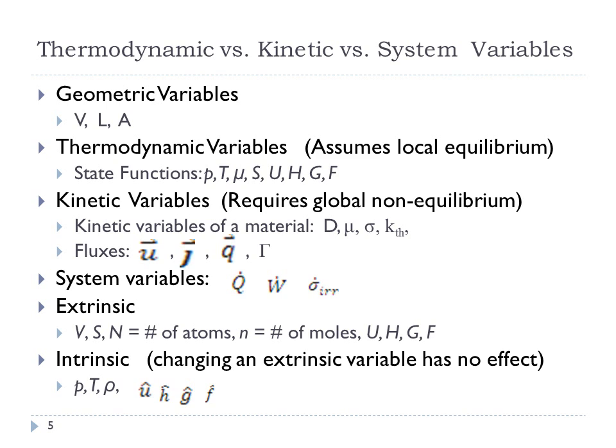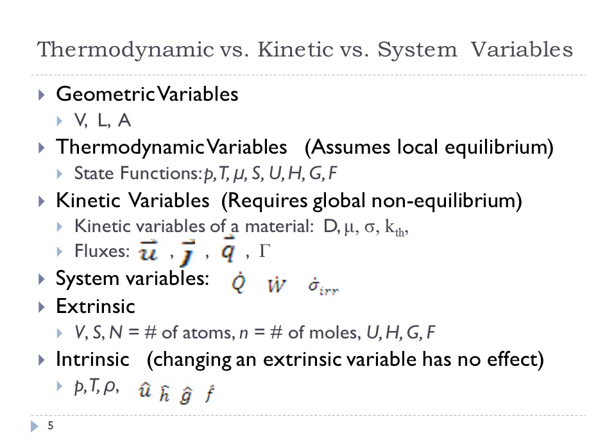These are properties of a material that tell you how much flux you get for a certain amount of driving force. Right? So the fluxes are things like velocity, current density, the heat flux, or the mass flux, gamma in that case.